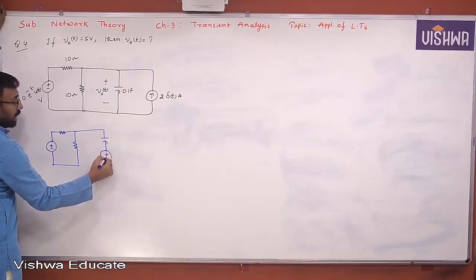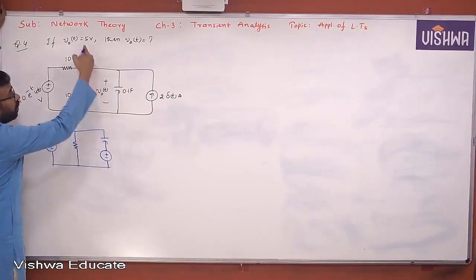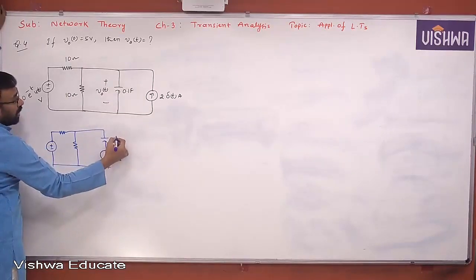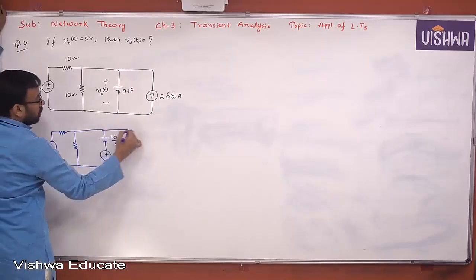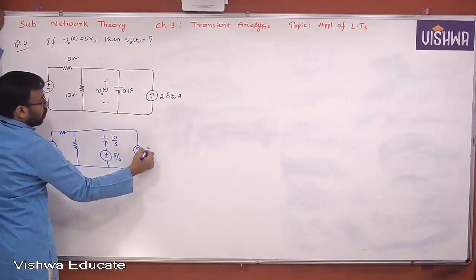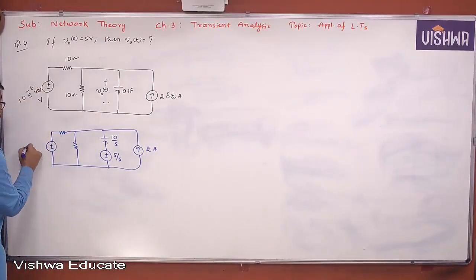Now, a series capacitor model, I am replacing it by, what is that value? 5 by S. 0.1 farad, nothing but 10 by S, 1 by CS, right? This is 2 only, because dou of t in S domain is equal to 1, right?